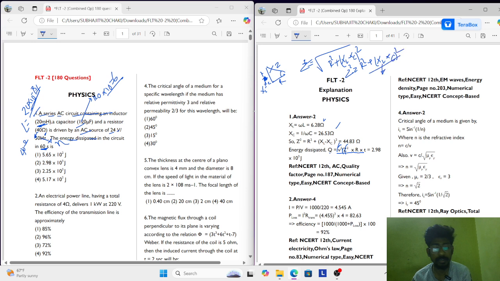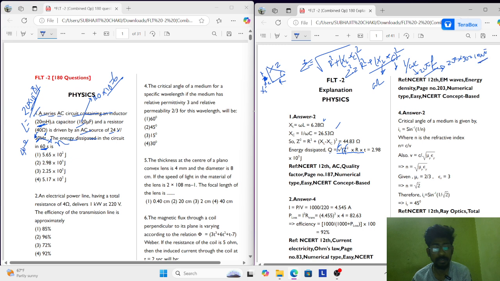Right, how to calculate XL and XC? XL is equal to omega L, and XC is equal to 1 by omega C. You know what omega is? Omega is 2 pi f, where f is the frequency. Since f is 50, omega will be 2 pi into 50, which means 100 pi.